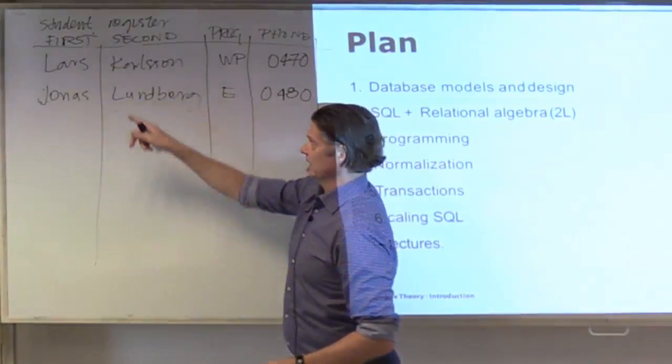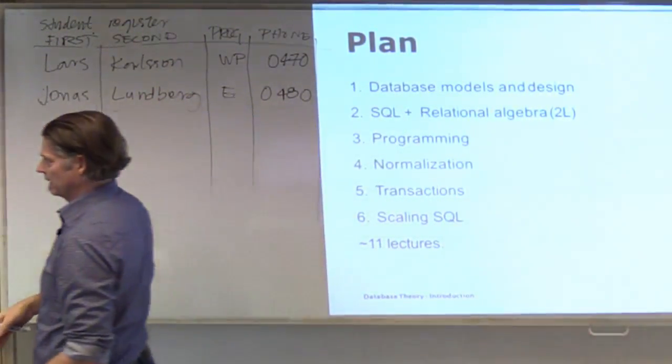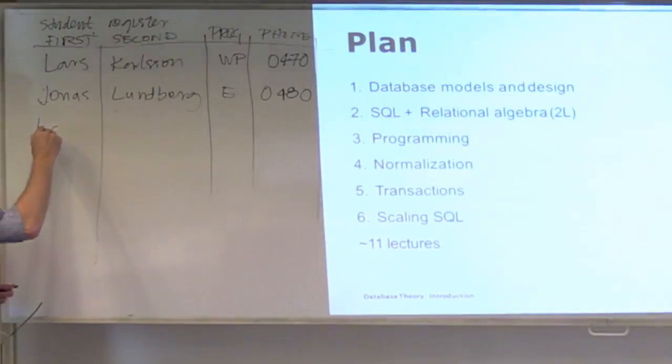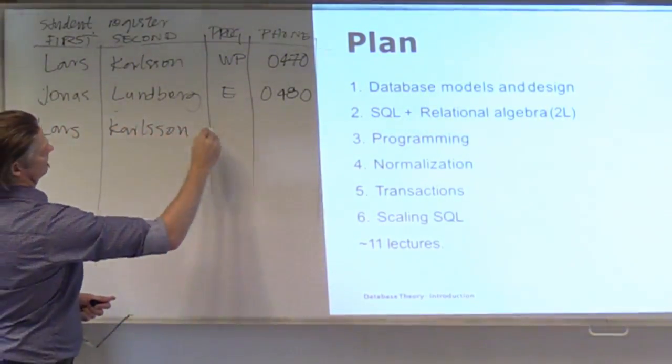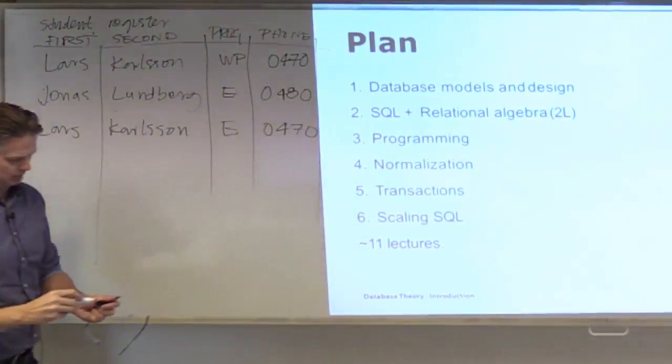We split that column called name into first and second. The next problem here is, what happens if I am to enroll on a new program? I'm going through two programs at the same time. So I'm also enrolling on that economics program.